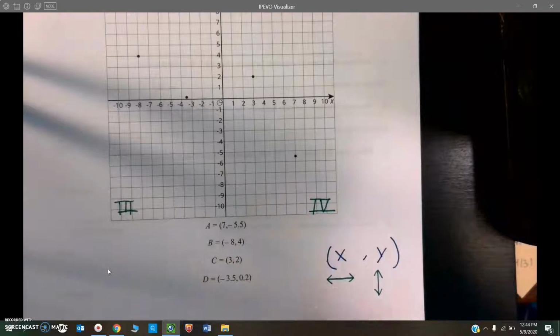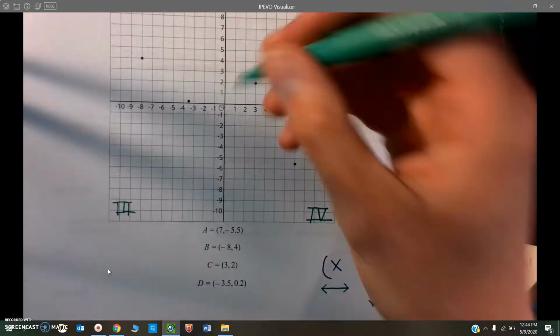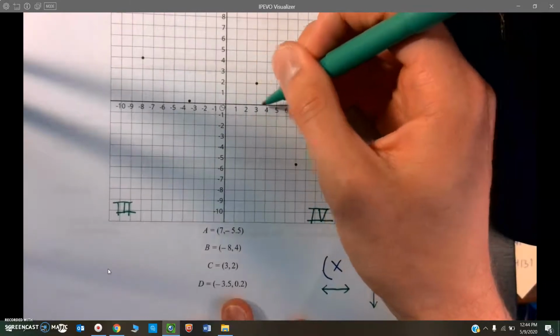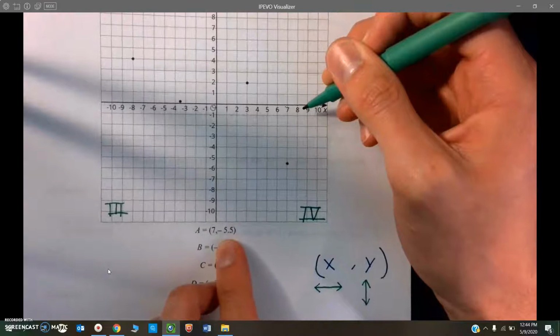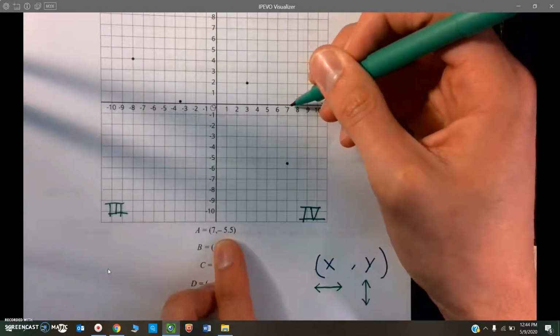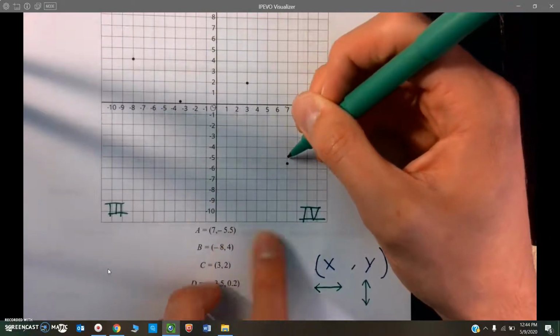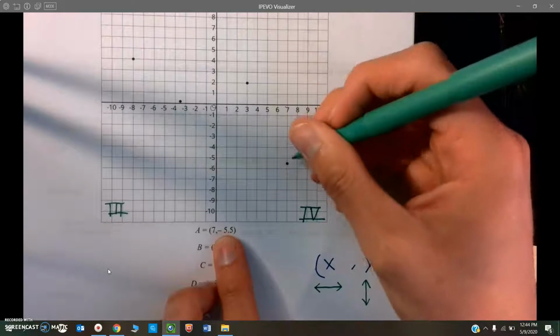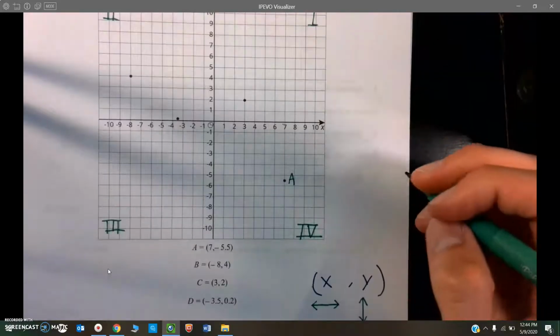So if we look at A, it's +7, and positive is always to the right, so 1, 2, 3, 4, 5, 6, 7. Then -5 and 5/10, so the Y coordinate is negative, so that's down 1, 2, 3, 4, 5, and 5/10 is a half, so this is at -5.5, essentially.